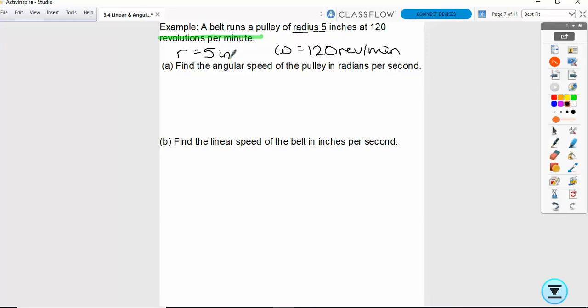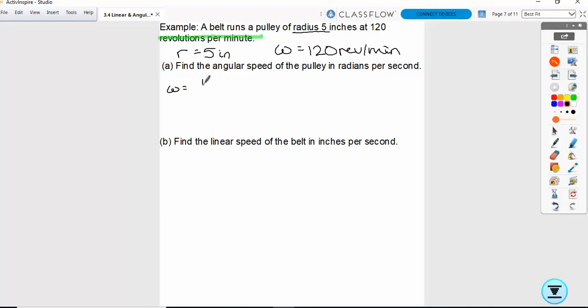Now, just like theta always has to be in radians, omega always has to be radians per something. So the first thing I'm going to ask you to do is to find the angular speed in radians per second.